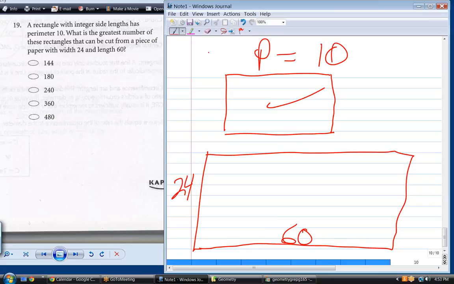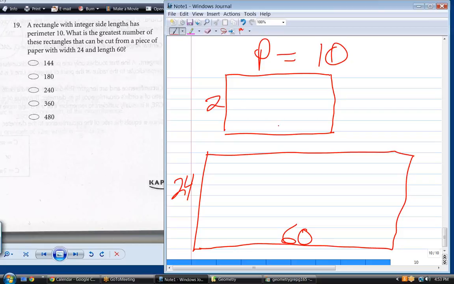All right. A little bit of a trial and error problem. What's going to give us a perimeter of 10? Let's experiment with a few. What are some possible answers? Like a 2 times 3 rectangle.